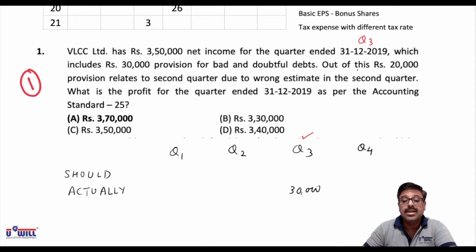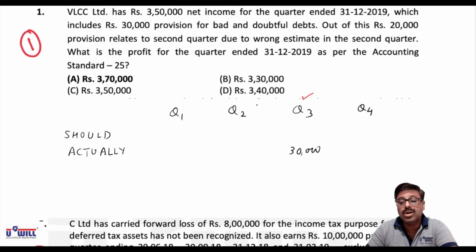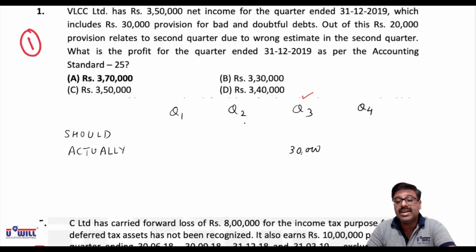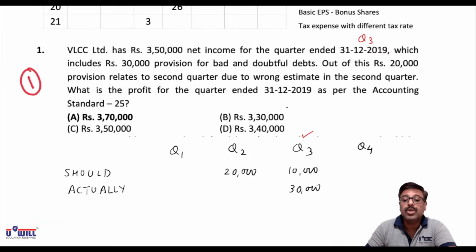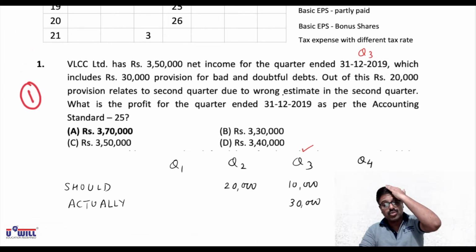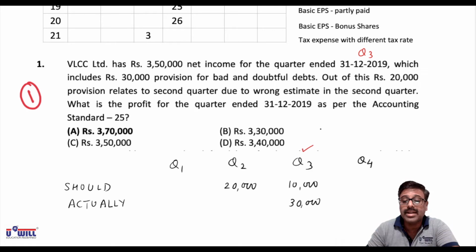Out of this, 20,000 provision relates to second quarter due to wrong estimate in the second quarter. So due to wrong estimate in the second quarter, we have taken 30,000 in the third quarter, but from this 20,000 belongs to second quarter, means what should have been done? 20,000 should have been taken in second quarter and 10,000 in third quarter.